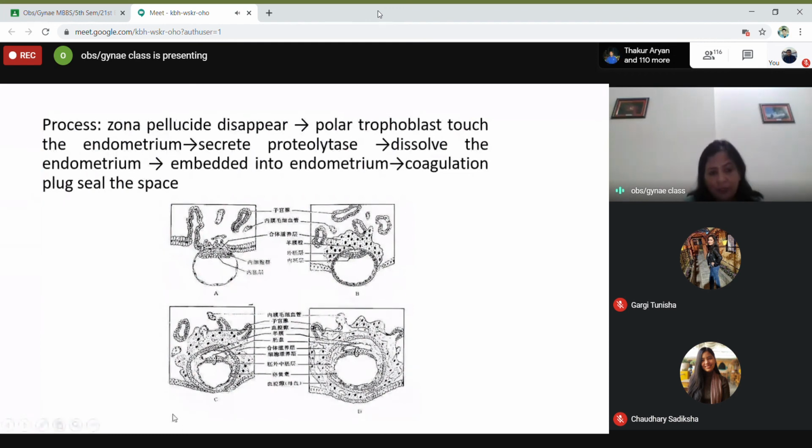And there will be coagulation sealing the space where it is embedded, coagulation seal.